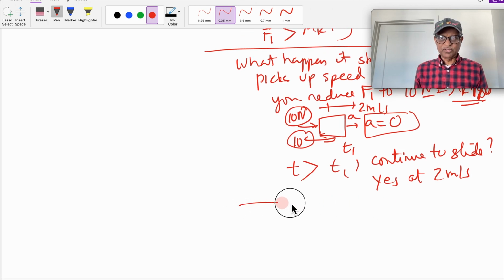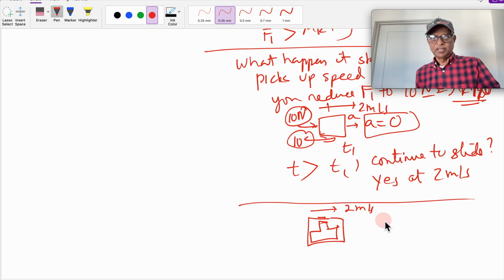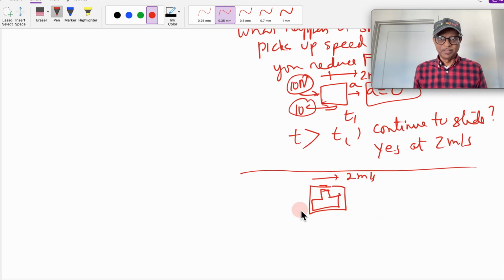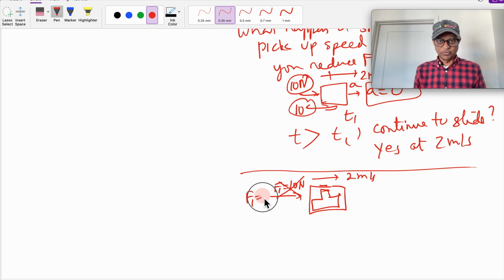What if I'm sliding at 2 meters per second, and F1 used to be 10 Newtons. I say, let go, F1 is 0.